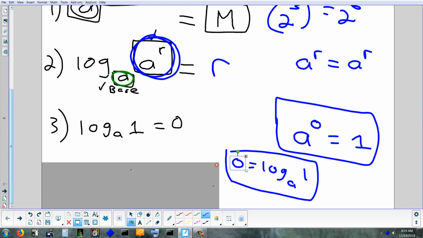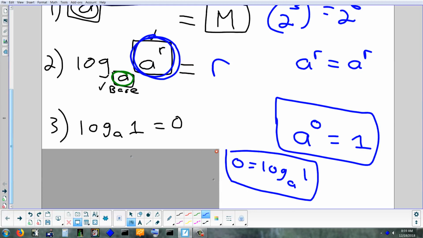So anytime you take the log of 1, the answer is 0. All right. Any questions on that one? So this is based on a property that you learned way back in Algebra 1 or pre-algebra. Anything to the 0 power is 1. Okay. Any question on that one?